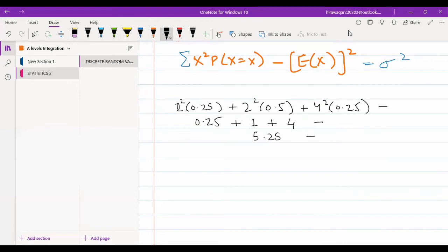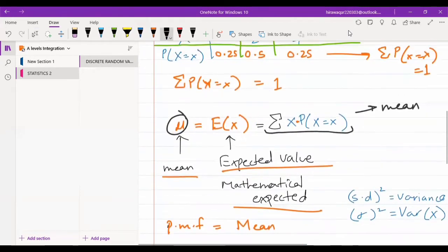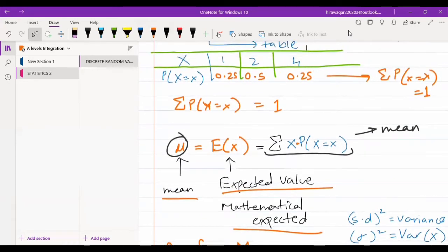But what is your mean? We haven't calculated the mean. The mean would be the x values multiplied with their corresponding probabilities, 0.25, 1, 1. Okay, so it would be 2.25. I cannot solve. Wait for a while.